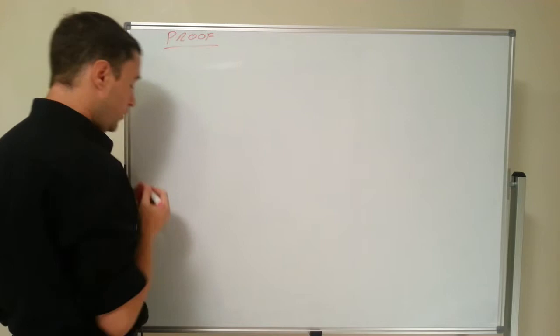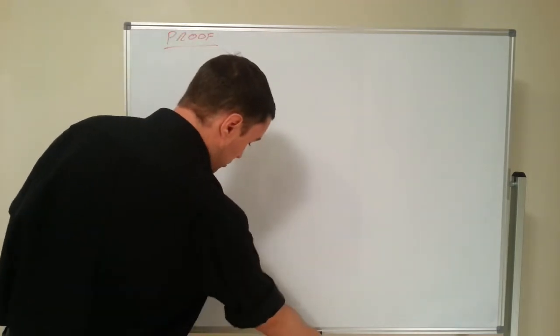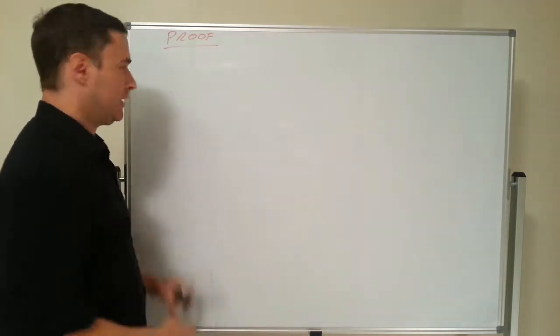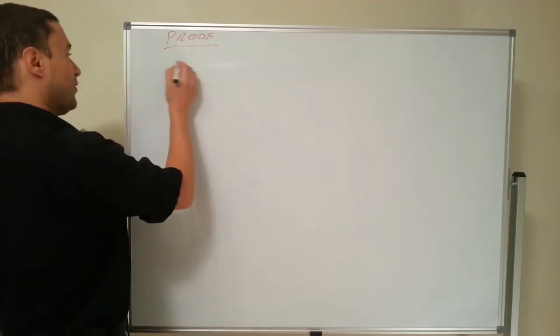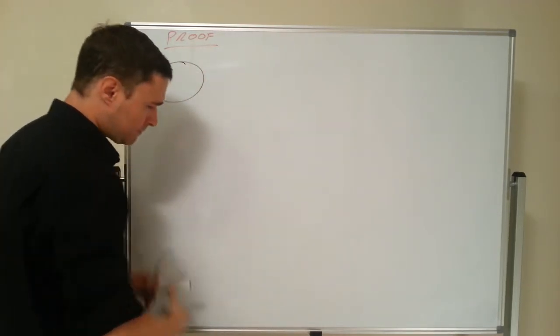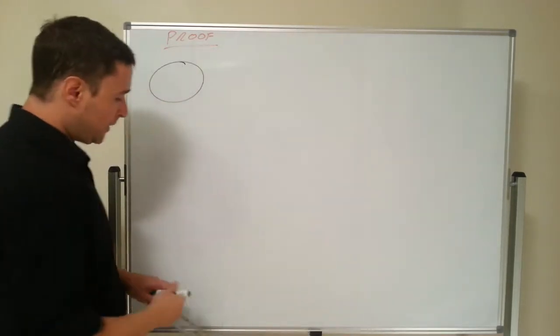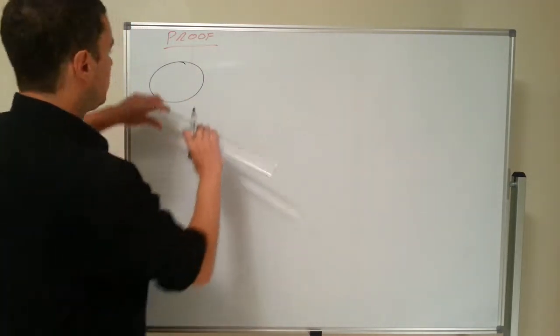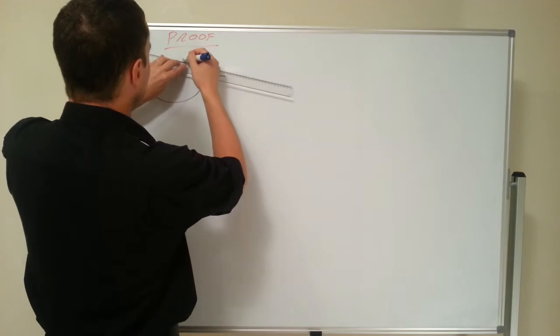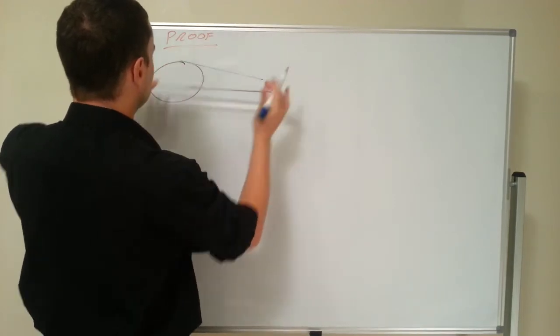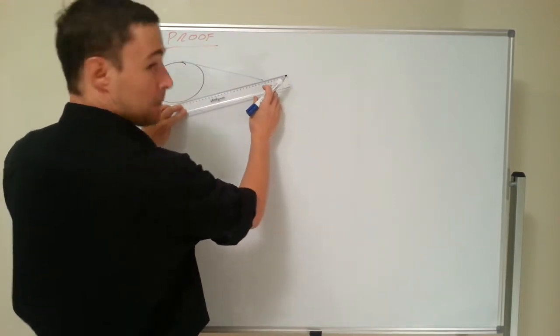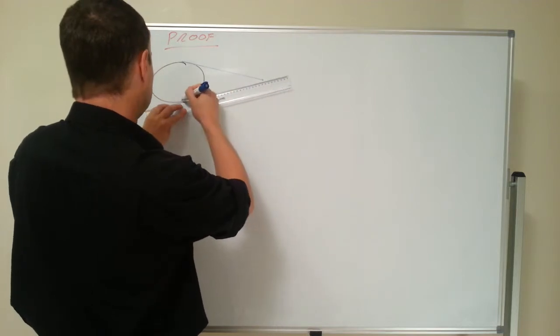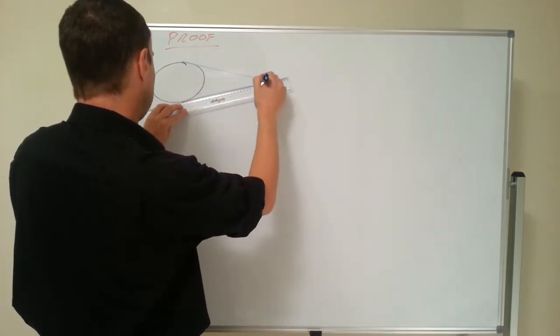I'm going to quickly hash together this picture, but it's not going to be accurate. The picture that I've got in my notes is a circle, and I've got PT as a tangent, and QT also is a tangent.